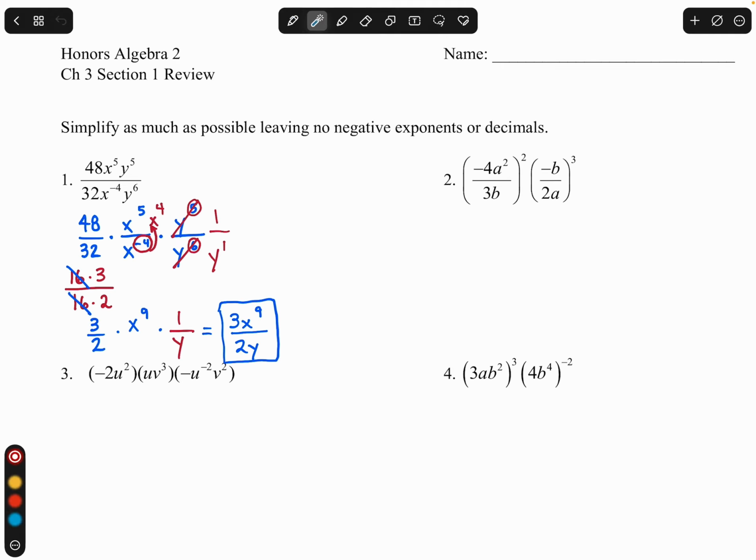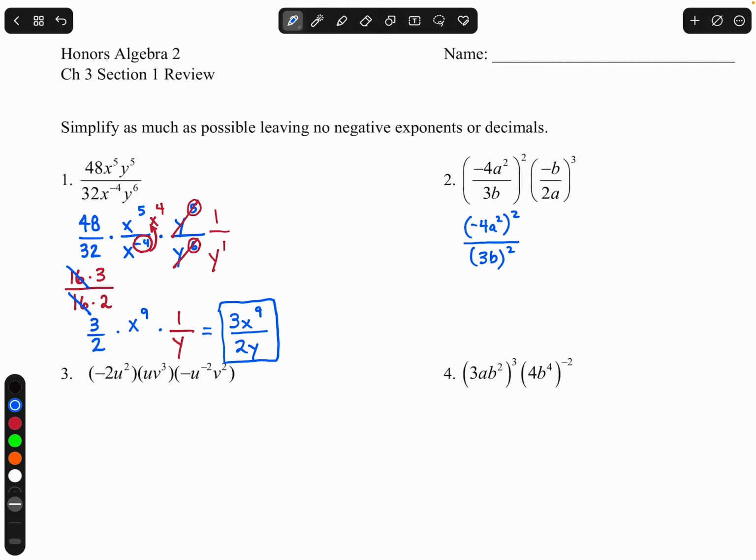Number 2, we've got a negative 4a squared over 3b, and that's being raised to the second power. And then we've got a negative b over 2a, and that's being raised to the third power. So let's deal with these exponents first. This is like saying I'm going to end up squaring the top: negative 4a squared over 3b, all squared.